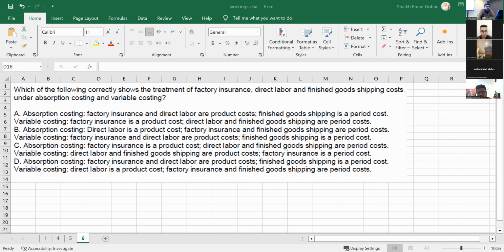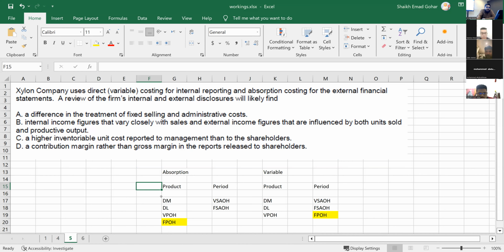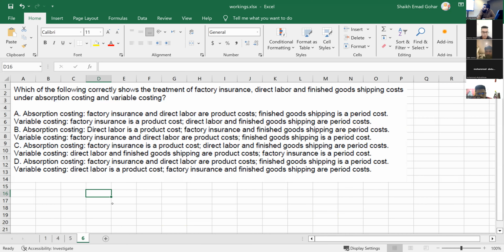You need to first quickly make a note in your notebook of what factory insurance is and under which heading it falls. Because you know very well from the previous question I wrote for you which item is period cost and which item is product cost. So first of all, quickly write what exactly these three items are: factory insurance, direct labor, which is very clear for you, and then shipping cost.